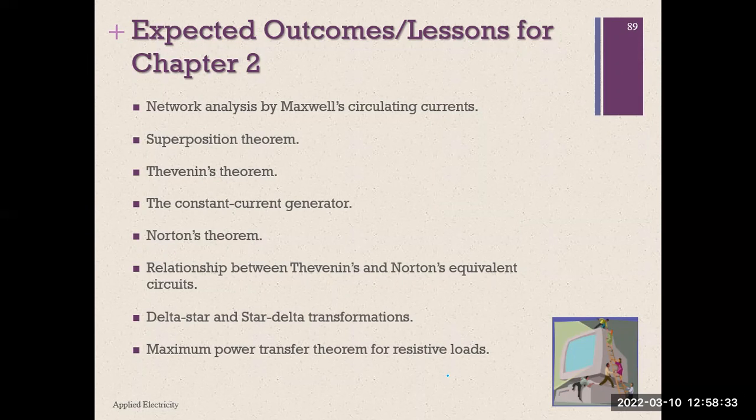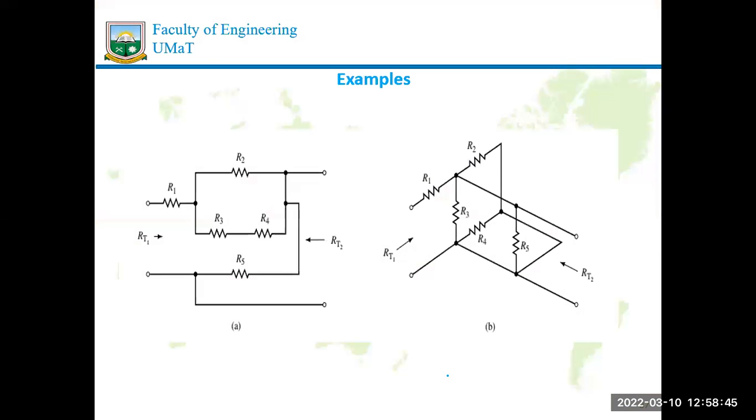We'll look at the relationship that exists between Thevenin and Nortons. They are friends though. Then we will look at the maximum power transfer theorem for resistive loads. We'll end with an assignment for you, which is non-compulsory. I'm never going to take it, but I'll take it in another form one day. All right, so please try these assignments for me.